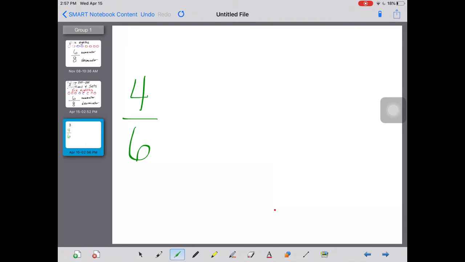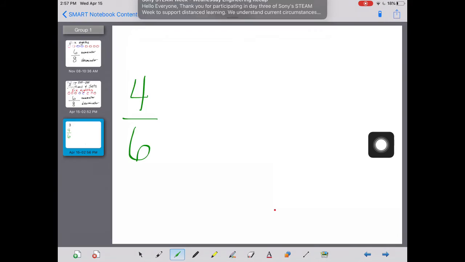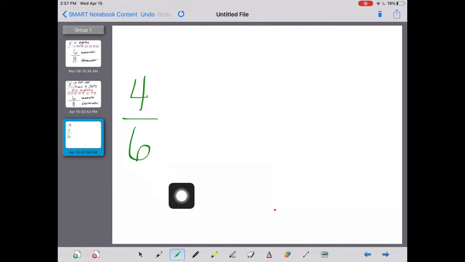Now, when I look at 4/6, there's a few things that I need to be able to know about this. I need to know, what does the 4 represent and what does the 6 represent? With fractions, I always like to look at the bottom number first, our denominator. The denominator will tell you how many total parts there are in this one unit. So for this instance, there's 6 parts.